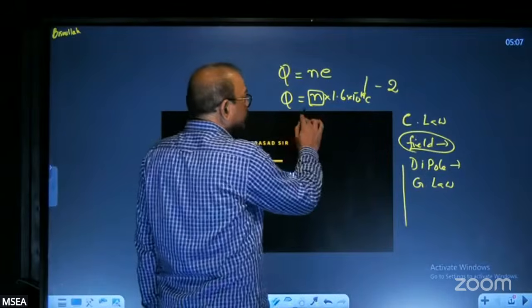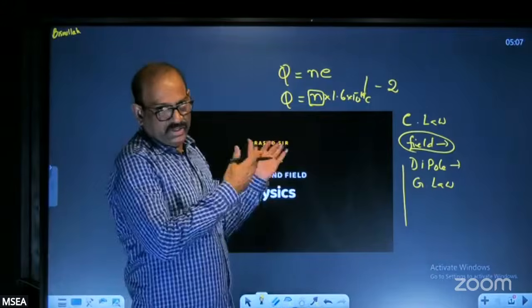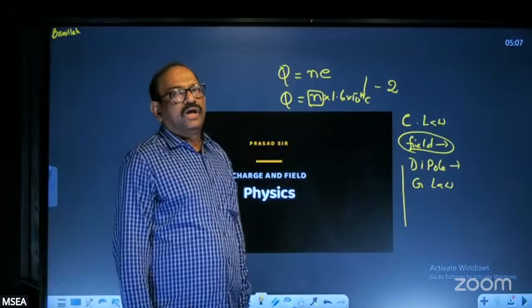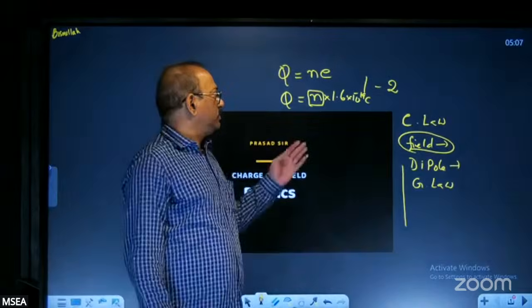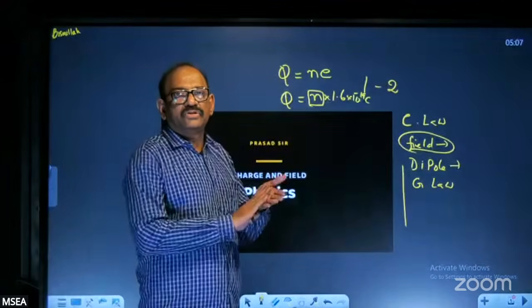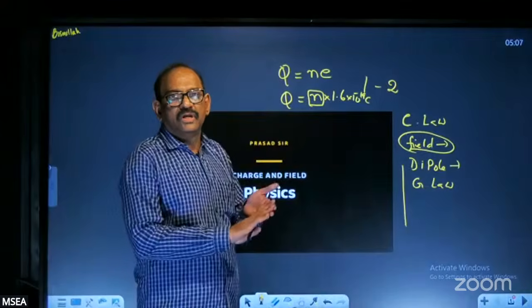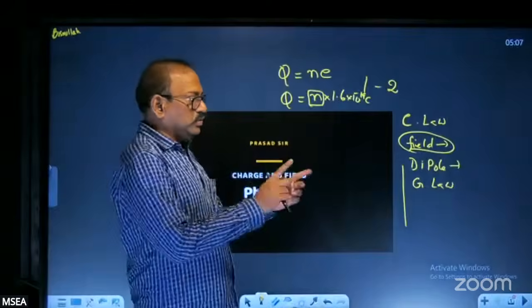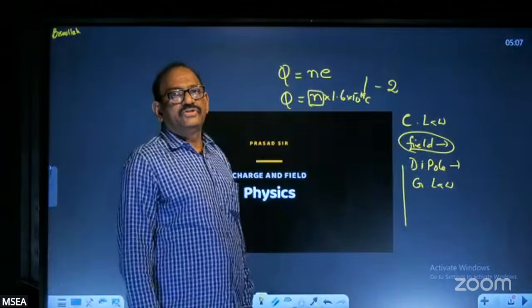Charge is conserved. There are different methods to charge any substance, no? Charge by frictional electricity, that is rubbing one substance with another suitable substance having different electron affinity. Then the two substances get electrically charged.